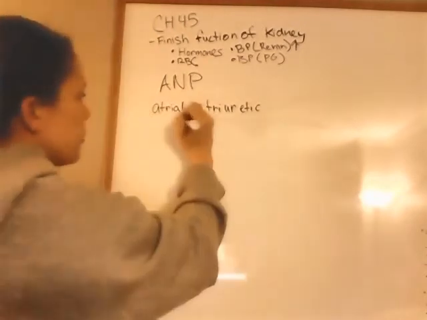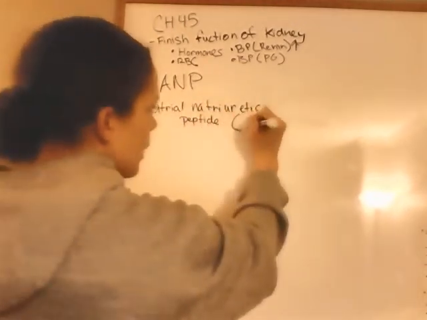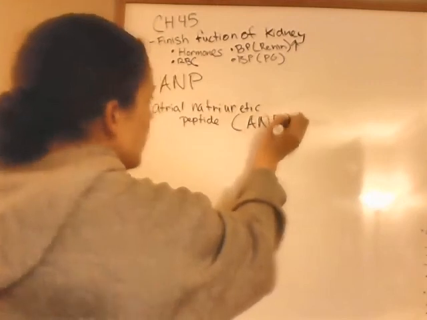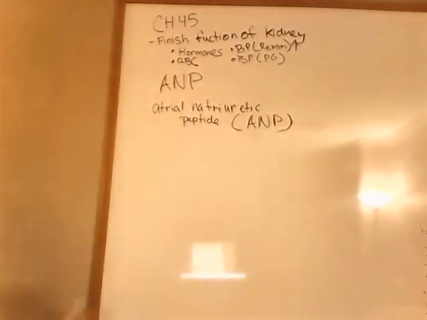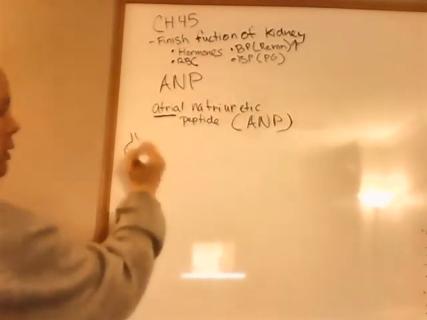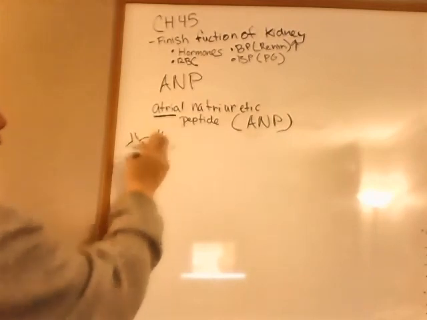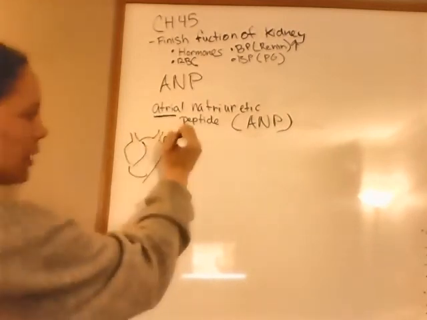Natriuretic peptide, aka ANP. So basically what it does is it senses when there's too much fluid in the heart. Okay, if there's too much fluid in the heart, then there's a lot of pressure on the heart, and that's never good. That's called congestive heart failure.